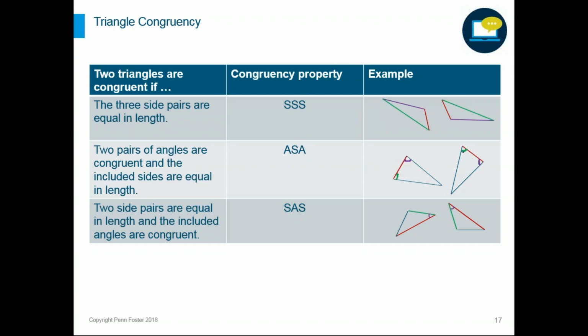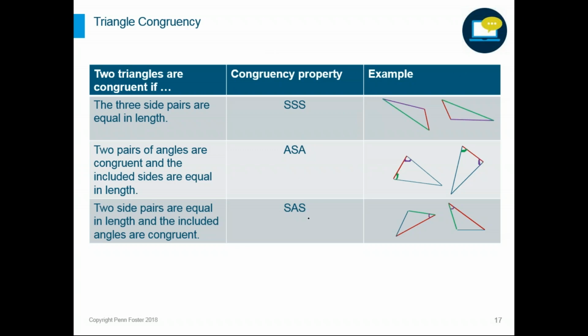Another pair, the green ones, this angle and this corresponding angle on the other triangle have the same measure. And if the connecting or included side, the red one, has the same length, then I am able to conclude that these two triangles are congruent. ASA, angle, side, angle.